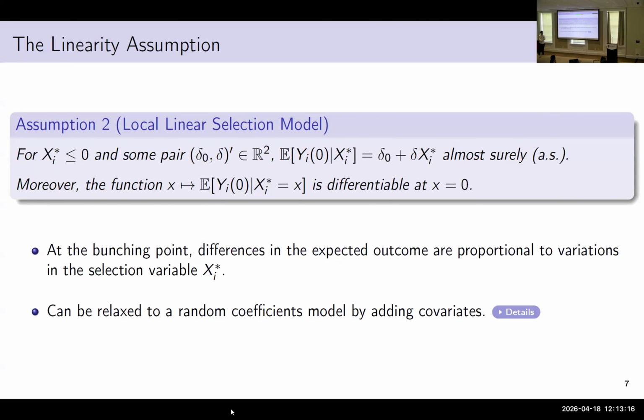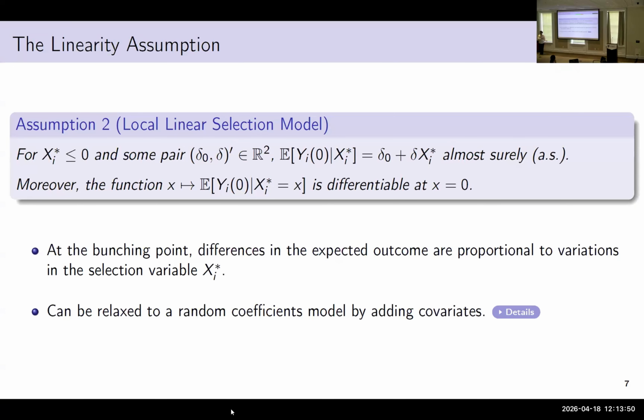So this also plays, in some senses, a restriction on how we think about the selection variable on the negative side. It can be a lot of things, but it should be something that is proportional to variations, so that when you compute the expectation, you get a linear conditional expectation. We're also assuming that the map from the conditional expectation of the untreated potential outcome on the selection variable is differentiable at zero.